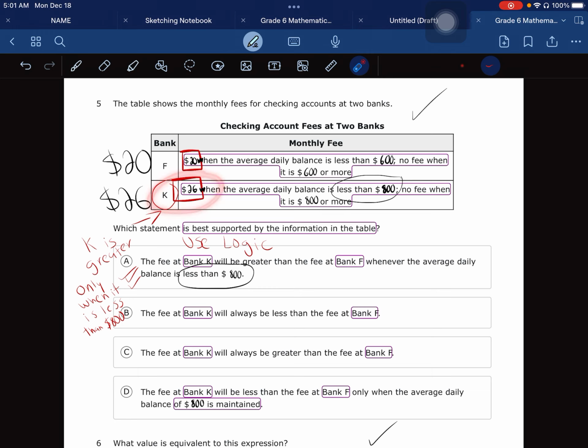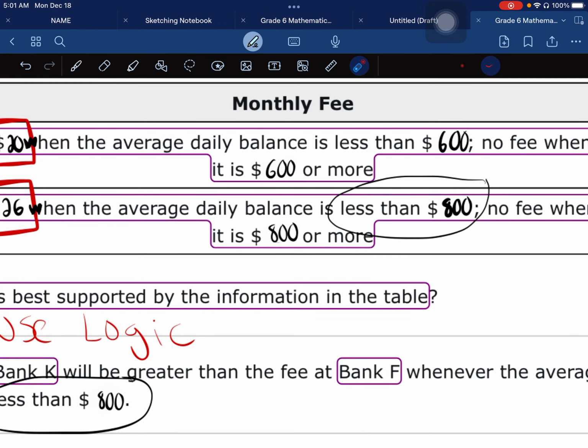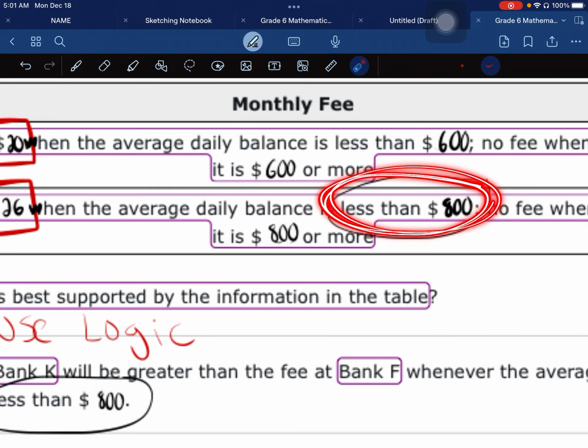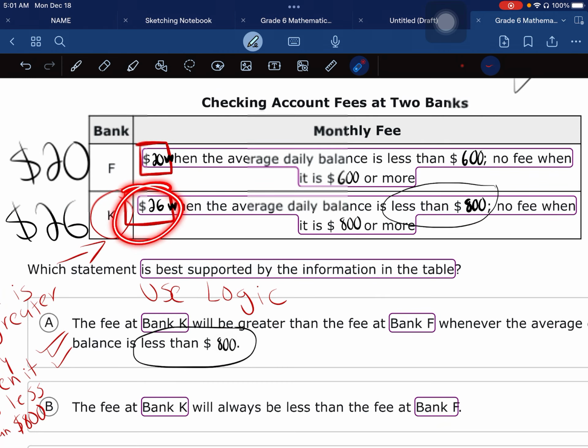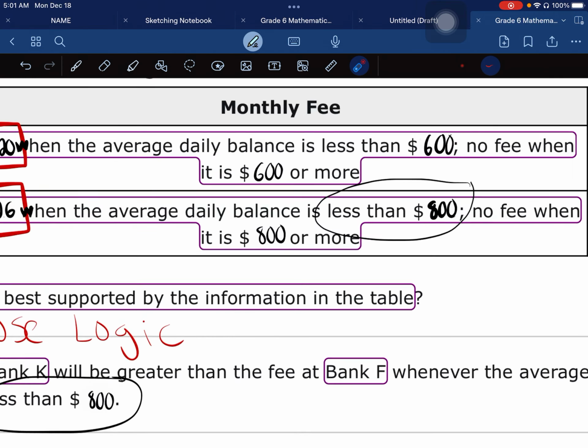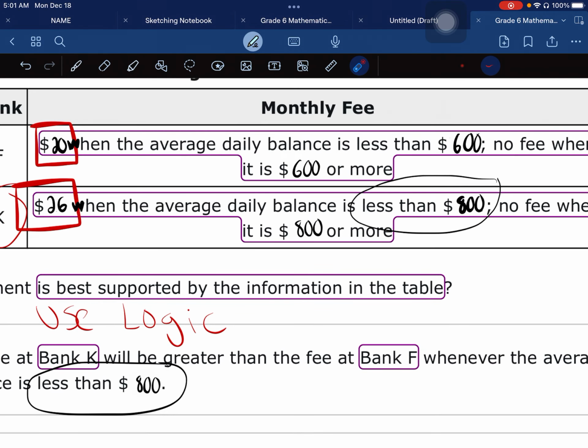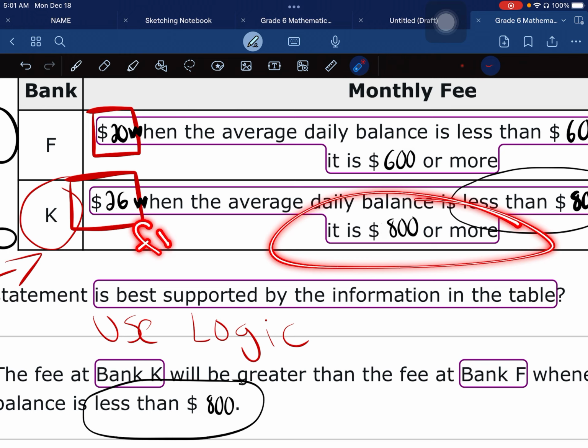Pero es más grande el pago que vas a dar solamente cuando no cumples con el requisito, cuando no alcanzas los 800. K, the payment you're going to make is you're only going to make it when you have less than 800. If you have more than 800, you don't have to pay for anything.